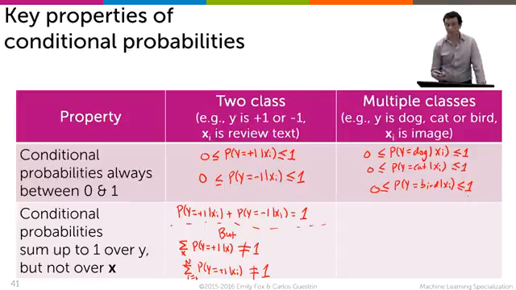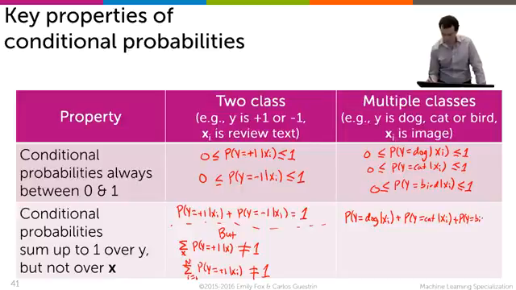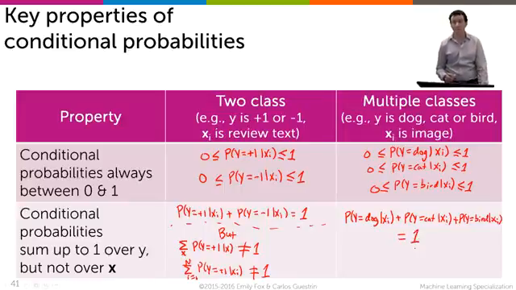Now, similarly, with multiple classes, the probabilities add up to 1 if you sum over possible values of y. So we have the probability that y is equal to dog for this particular image xi, and you add the probability that y is equal to cat for this particular image xi, and you add the probability that y is equal to bird for this particular xi, and you add all those together and you get 1.